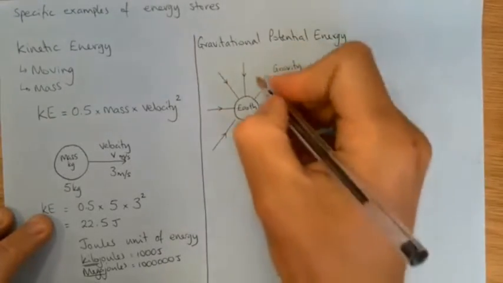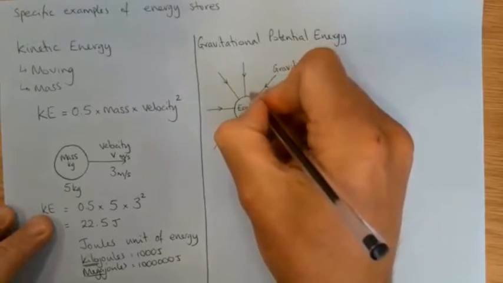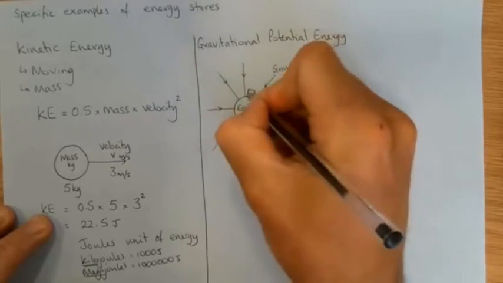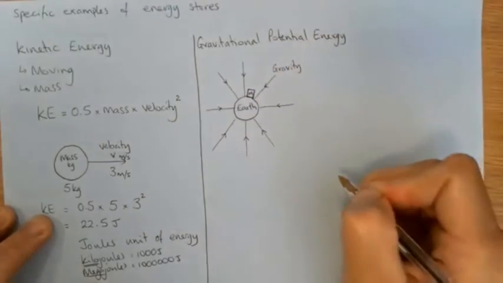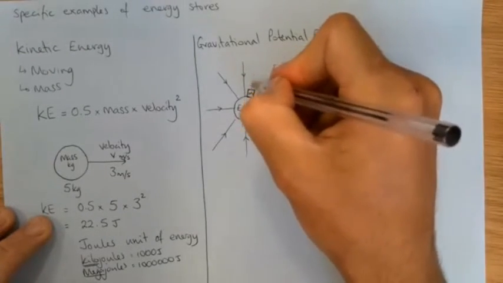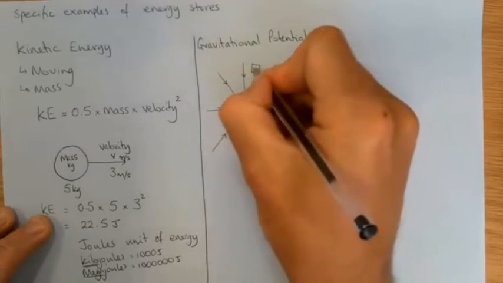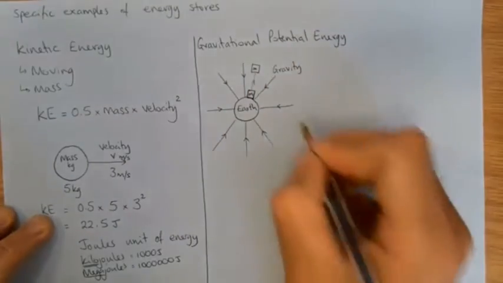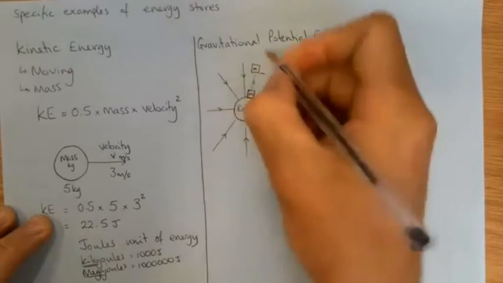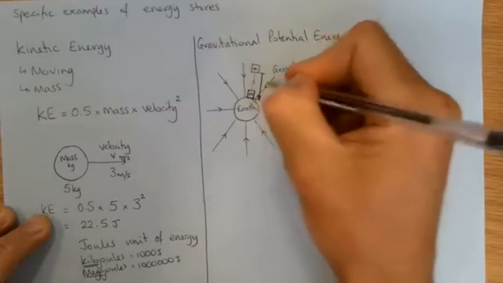So gravitational potential energy is about thinking about taking an object, again with mass, and moving it against gravity to a place that is higher up in the gravitational field.